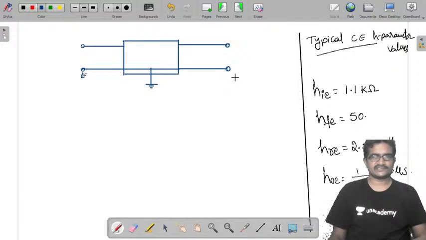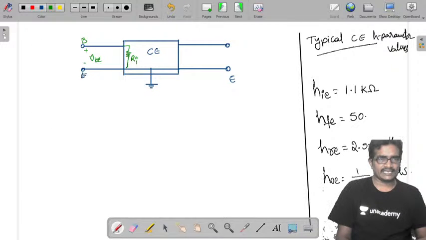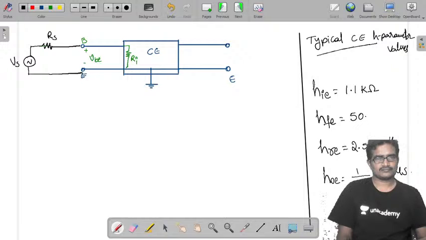Let us take its input impedance of the amplifier is Ri. This is the input voltage VBE, base to emitter voltage, and here is your RS, and Vs.